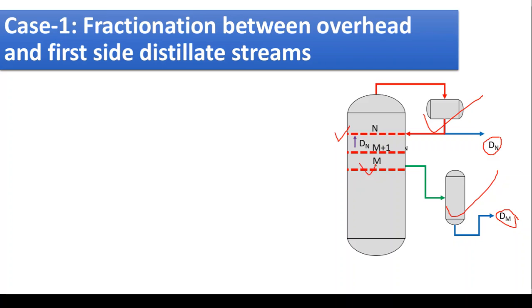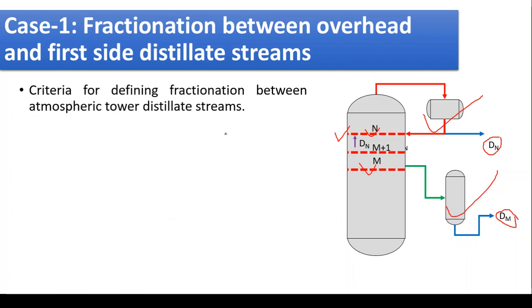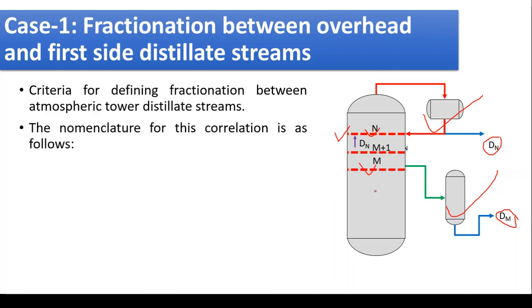So trays from M to trays from N, that is a top tray, and that is the tray from where you can take out the materials or the intermediate products. These are the terminologies we are going to use, and that is important, because in the calculations we have to use all these concepts.